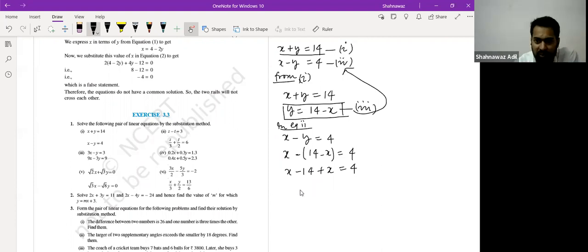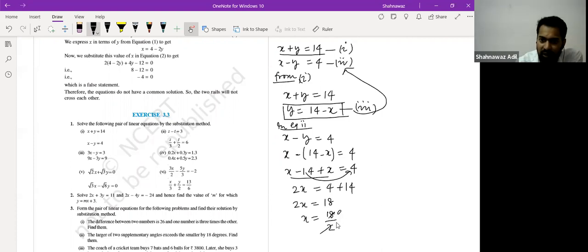Any doubt? No, sir. So this is what? X plus x, 2x, and this goes here. So 4 plus 14, and this is what? 18. So 2x is 9, right?